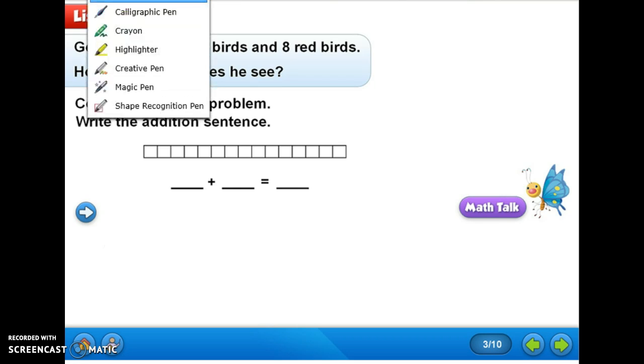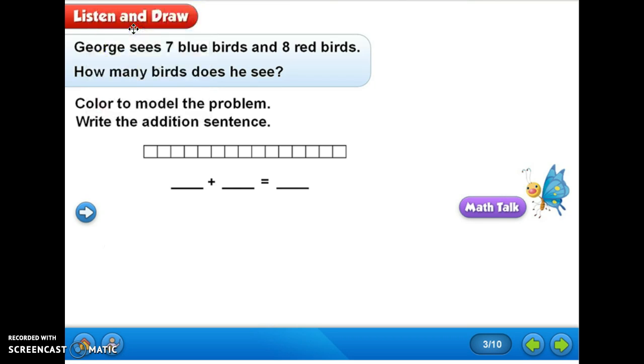I'm going to grab a crayon and do it that way. That way I can still see. So 1, 2, 3, 4, 5, 6, 7. If you need some more time to color your squares blue, go ahead and push pause and then push play when you're ready.